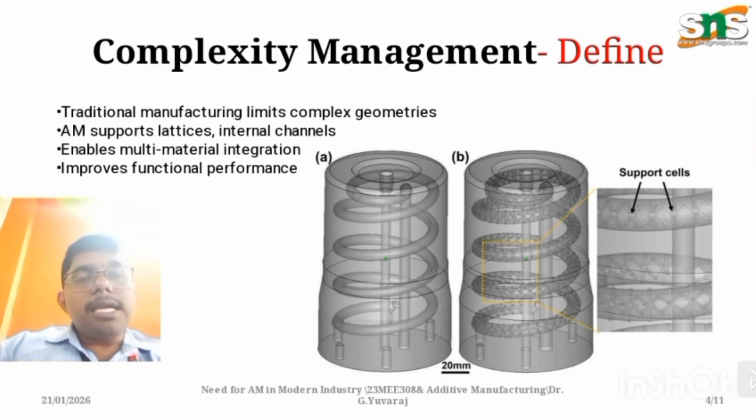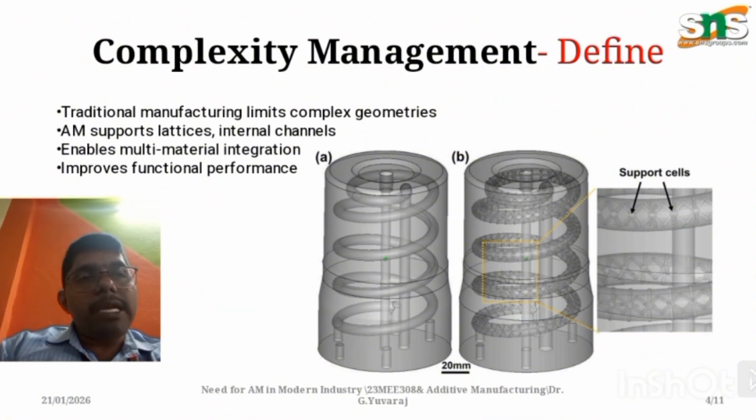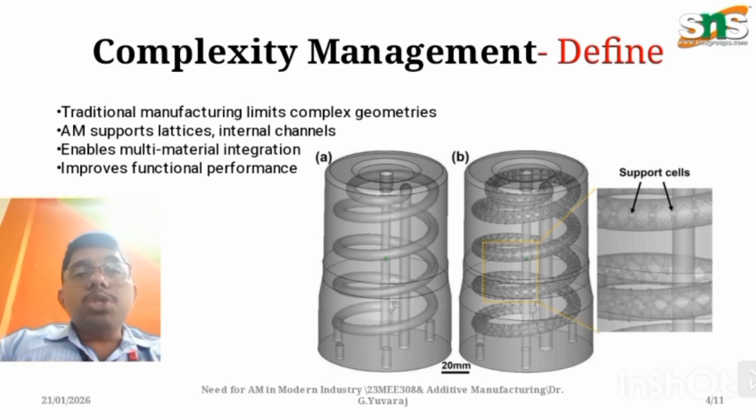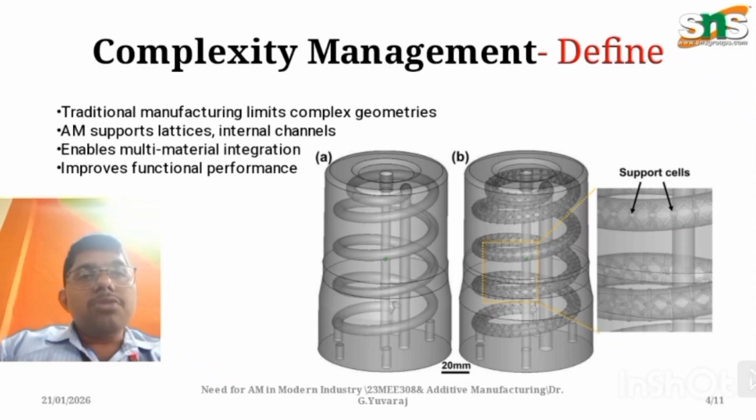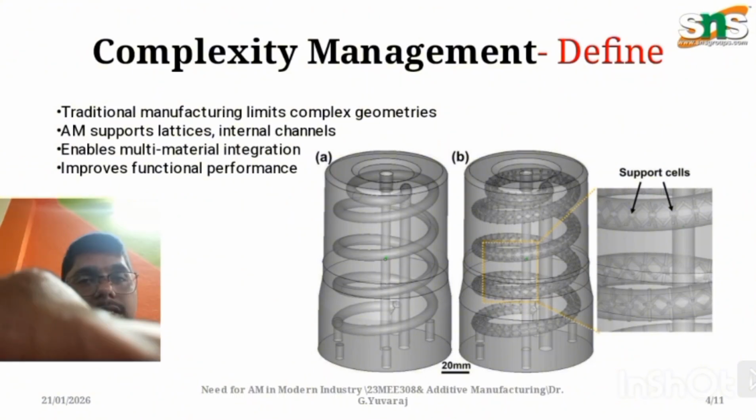Once the material is loaded, it is processed through a filament winding process that supports the build cell by cell, so an improvement in functional performance is noticed. That functional performance can be achieved in modern manufacturing depending on the type of machine. That is why we prefer complexity management when going for the additive manufacturing process.